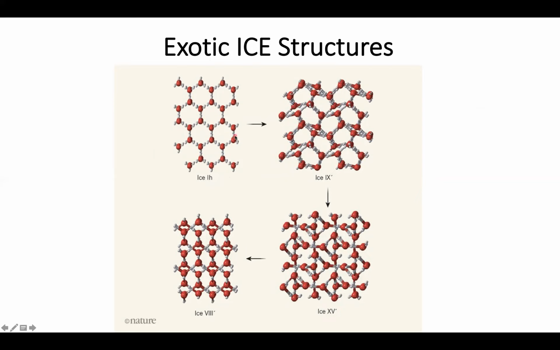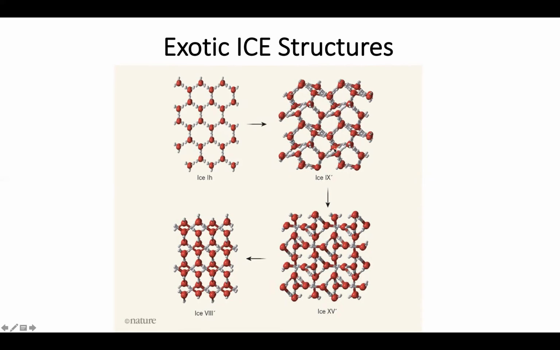Now, as I start, say, increasing the pressure of the system, what ends up happening is you're going to form this metastable ice 9 prime species with, again, several different ice 9s being possible. And what you're going to notice is that this has a slightly offset, kind of awkward lattice where I'm now starting to permeate one layer below another.